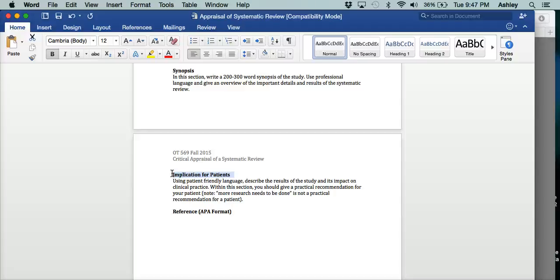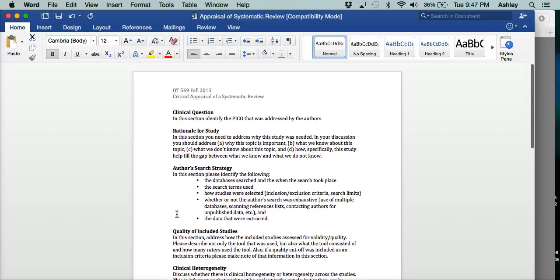They won't always understand the technical terms that you're used to as a clinician. So make sure when you're putting your response in this section, you're thinking in the terms of actually speaking to a patient. Last but not least, make sure to include your references, and this entire document should be in APA format.